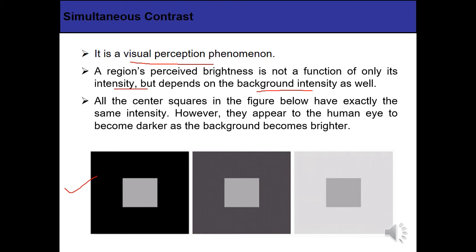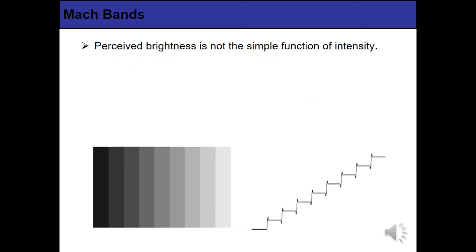All the centers of these squares have exactly the same intensity, but they appear darker to the human eye because of the background variation, and the lighter background makes the square look good. So this is the concept of simultaneous contrast.